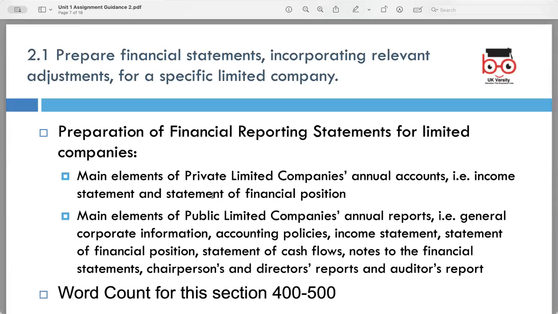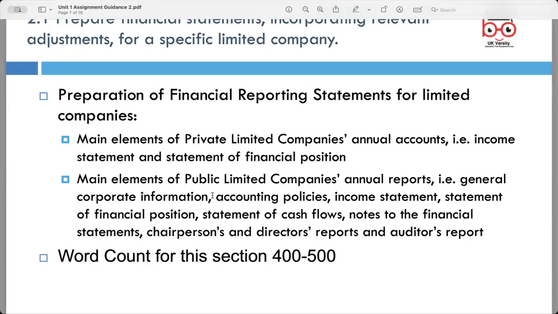Public limited companies. The main elements of public limited companies' annual reports are, for example, general corporate information, accounting policies, income statement, statement of financial position, statement of cash flows, notes to the financial statements, chairperson's and directors' report, and auditor's report.